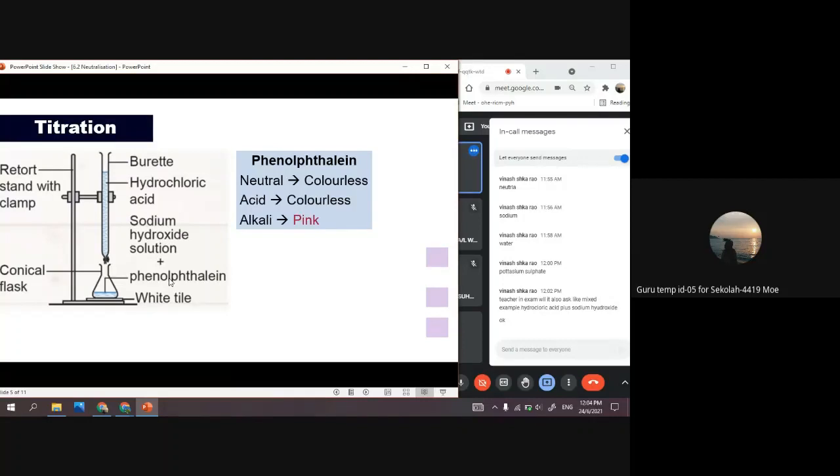But if it becomes pink, it is alkali, right? So since we put alkali inside this conical flask, which is sodium hydroxide solution is in, okay, then we add 3 drops of phenolphthalein, okay, into the conical flask, okay. So the solution inside this conical flask will turn pink because sodium hydroxide solution ni kan alkali.